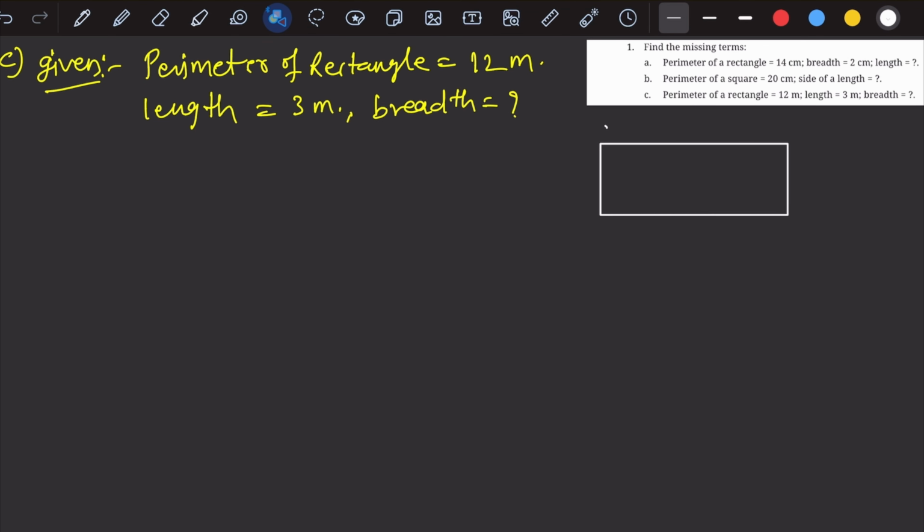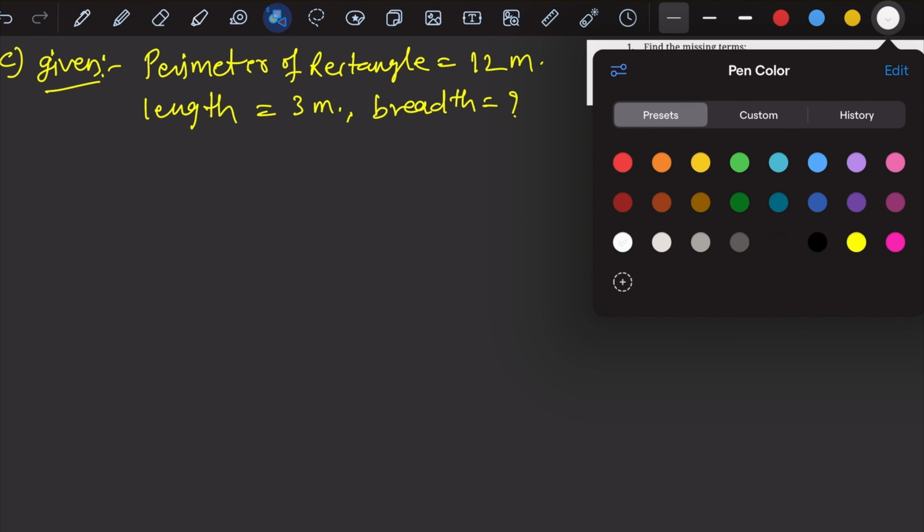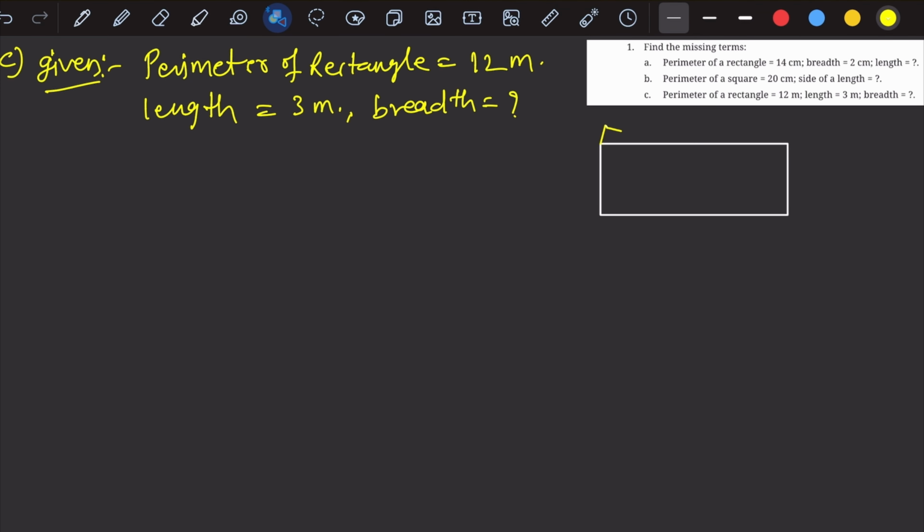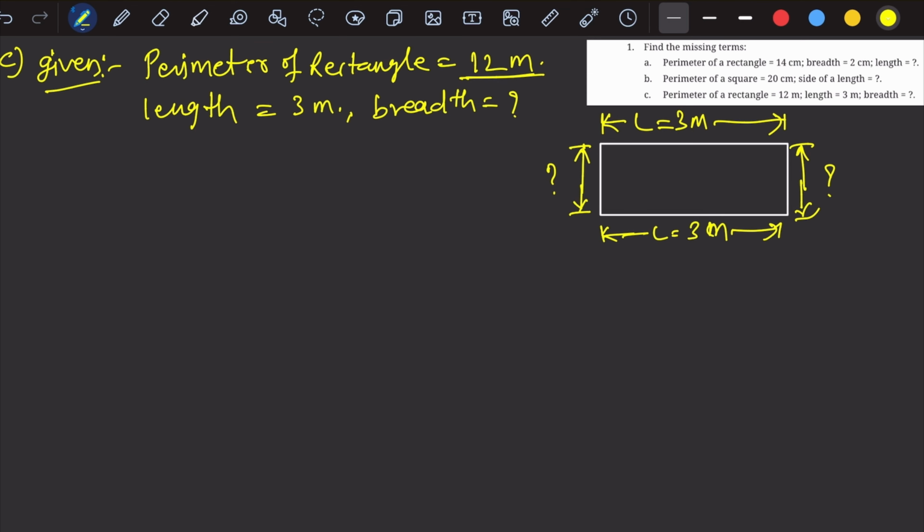Okay, so let's suppose this length L equals to 3 meter is given in the question, so this will also be L equals to 3 meter, and we have to find this breadth. Okay, so how we will find? And we have given perimeter is 12 meter.